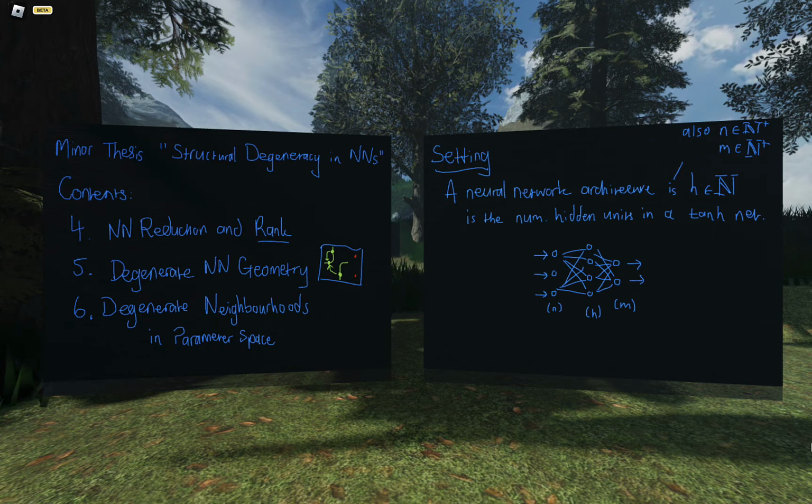The hidden units are biased tanh units, so biased units with a tanh activation function. And the output ones are biased linear units, specifically identity, so I don't apply any activation function on their output. This gives us an architecture, and h is the variable I use throughout my thesis to represent this.